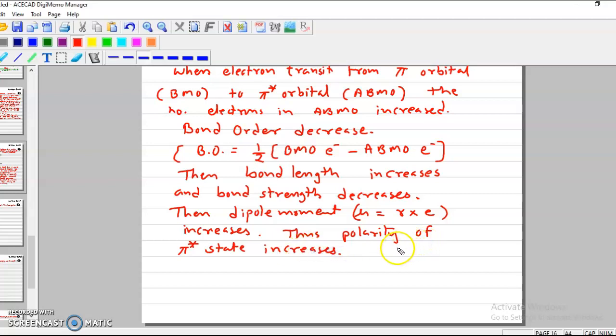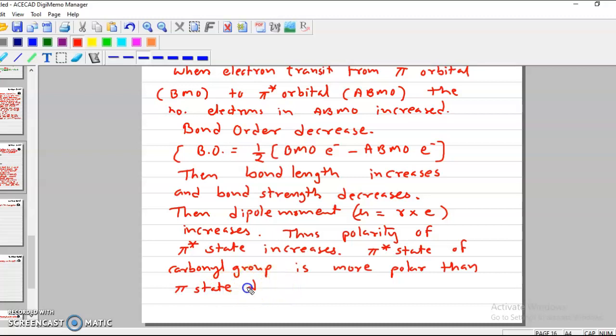So in this case, the pi star state of the carbonyl group is more polar than the pi state during pi to pi star transition.